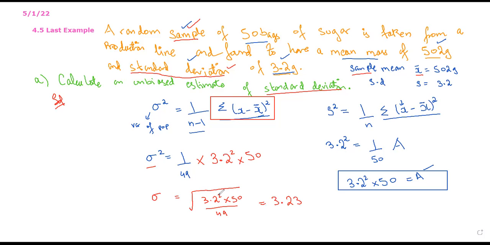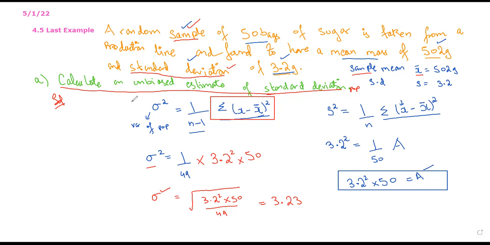All right, so finally we got our population standard deviation. Calculate an unbiased estimate of standard deviation, which basically was for the population, because in the question we have been told for the sample.